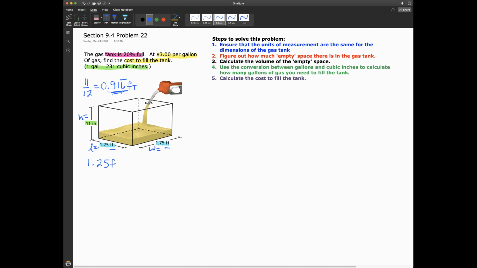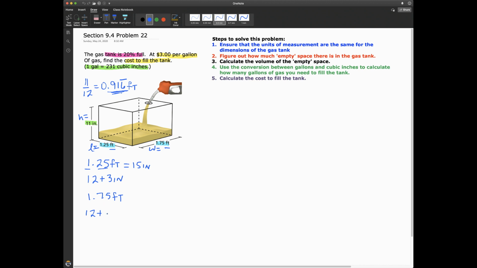1.25 feet. How many inches is that? Well, it's 1 foot, so I already know it's 12 inches, plus 1/4 of a foot, which is 3 inches. So 1.25 feet is 15 inches. What about 1.75 feet? Again, 1 foot is 12 inches plus 0.75 feet.